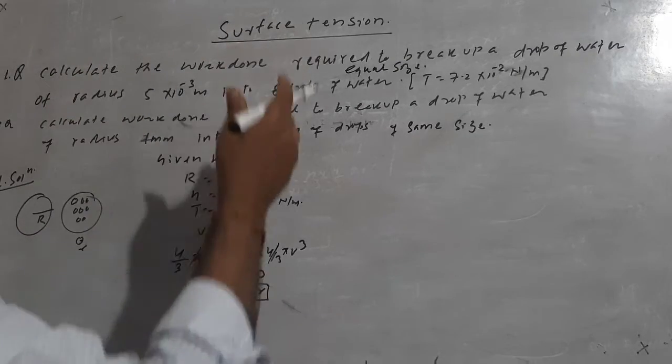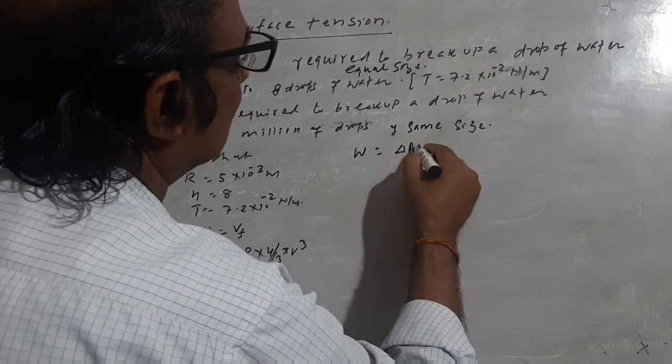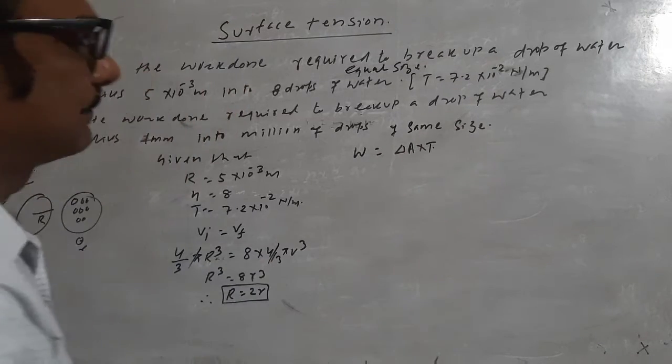Now calculate the work done. Work done is equal to change in area into surface tension.